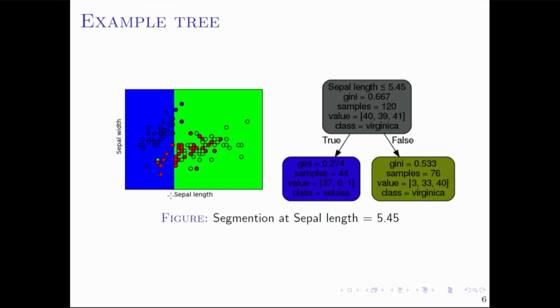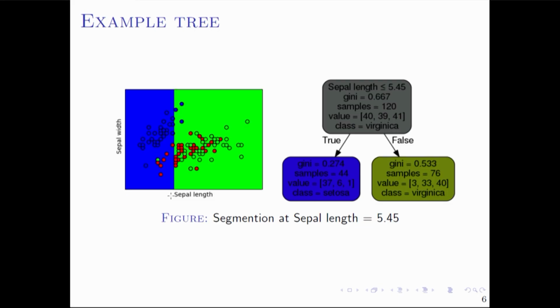Here, just ignore the term Gini for now. We'll explain it later. Think about the first node, where we have the whole space. What is the number of samples? The number of samples is 120, and there we have 40 from setosa, 39 from versicolor, and 41 samples from virginica.